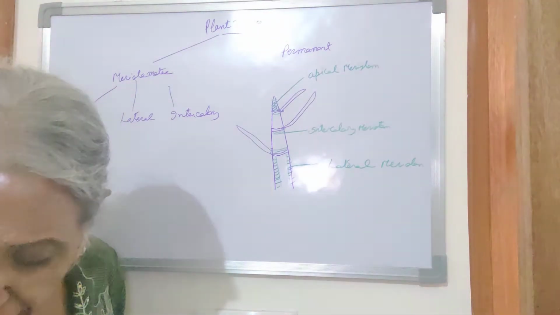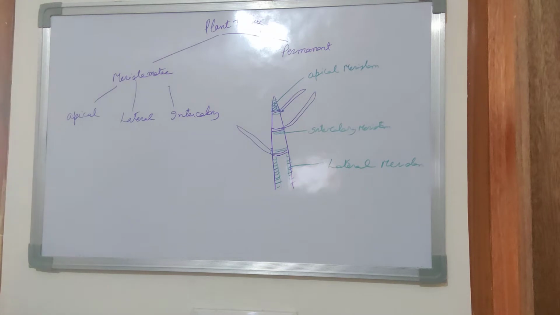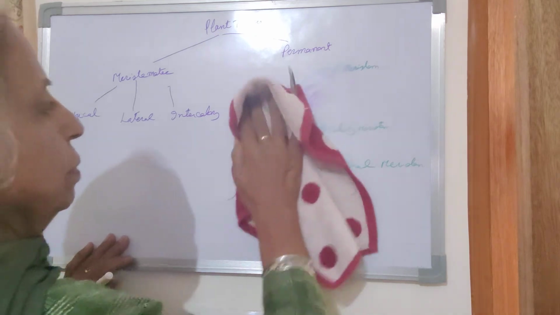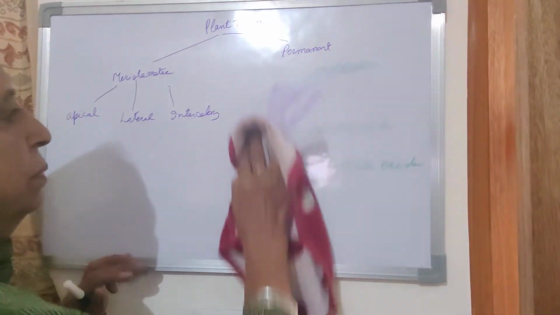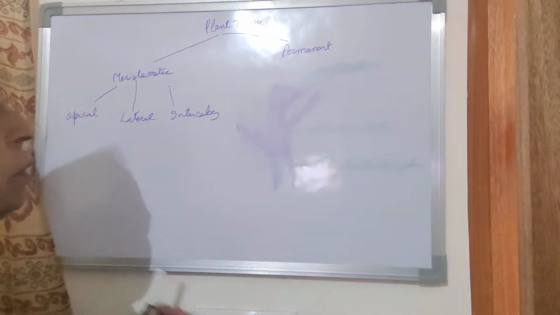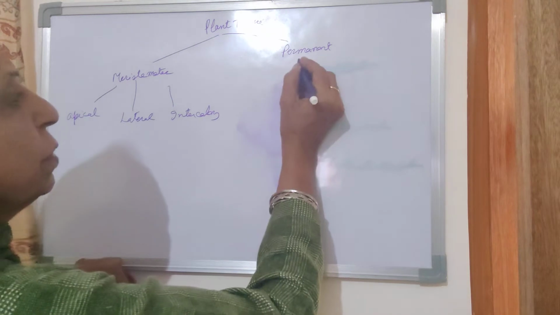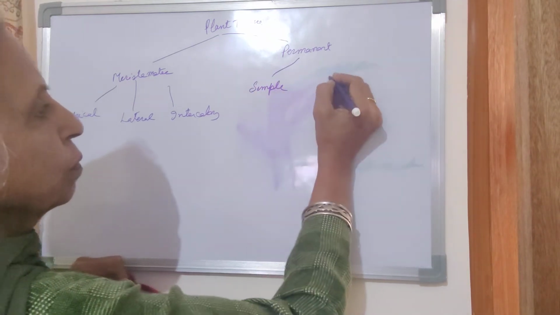Permanent tissue is of two types: simple permanent tissue and complex permanent tissue.